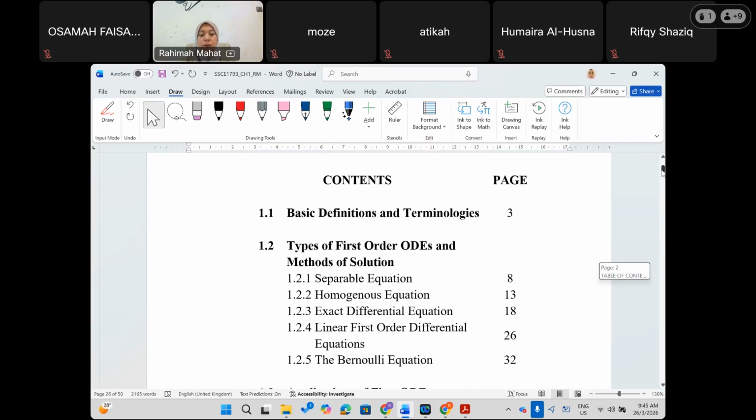I just want to recall. We already covered the separable equation, homogeneous equation, and the exact differential equation. So there are lots of exercises you can try in the PDF here. I already shared it in your e-learning, so you can check. Okay. So next week we go to the linear first order differential equation and the Bernoulli equation.